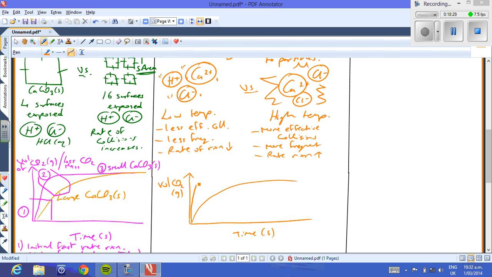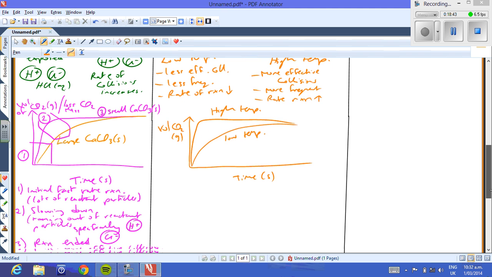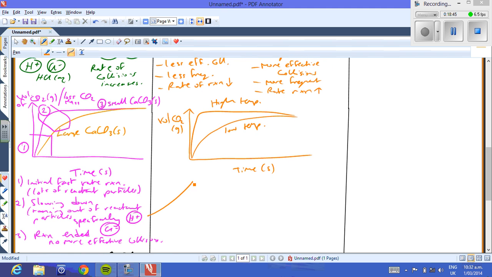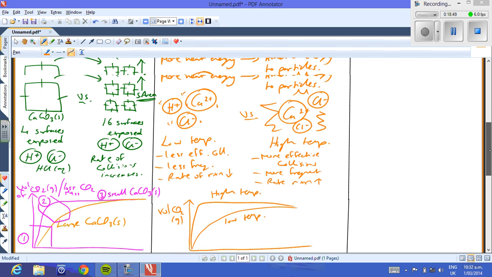If you're at a higher temperature, then it will be faster. So this would be high temperature, and this would be low temperature. And you can use the same concepts we had for surface area to explain what's happening in the rate curve for temperature. So the concepts start to repeat themselves a little bit.